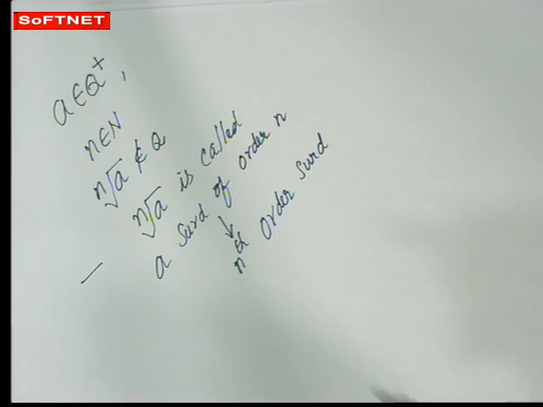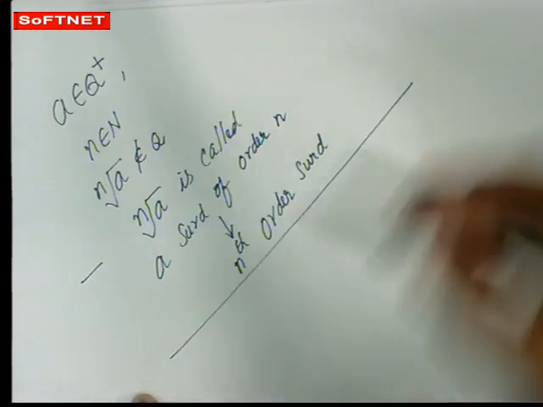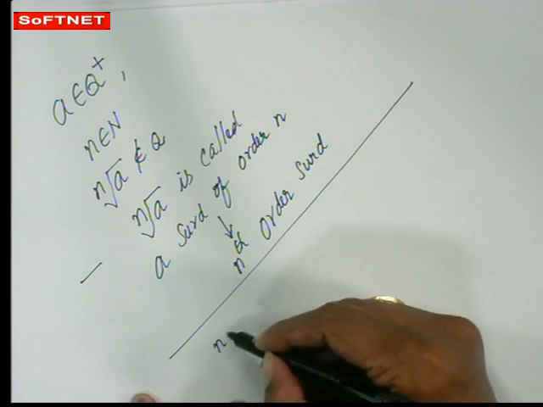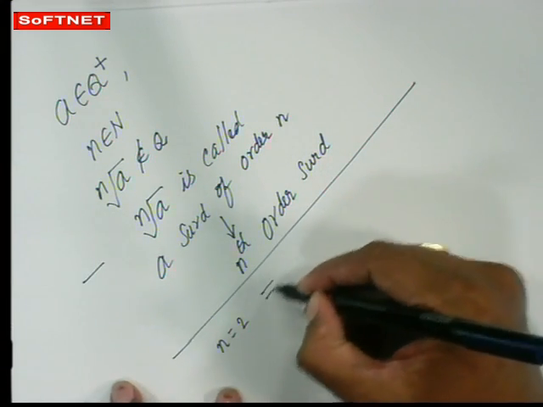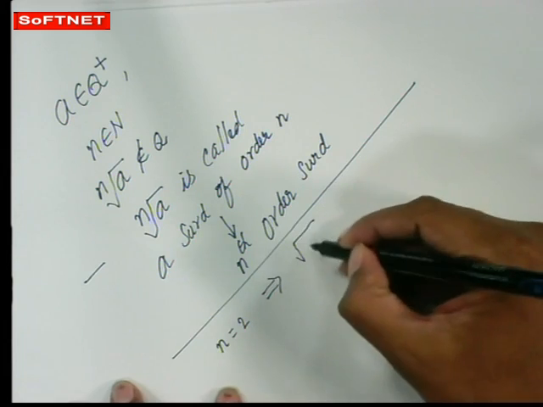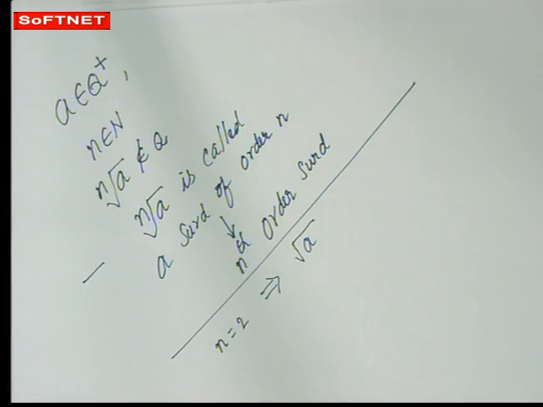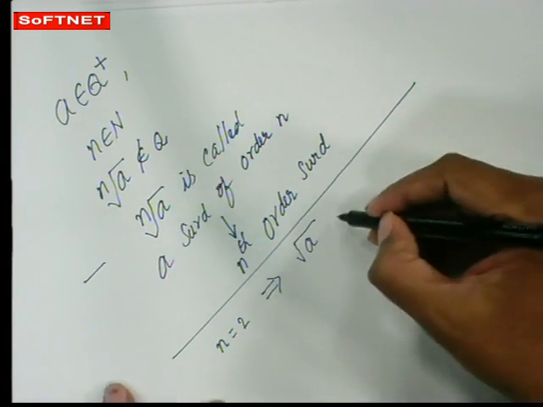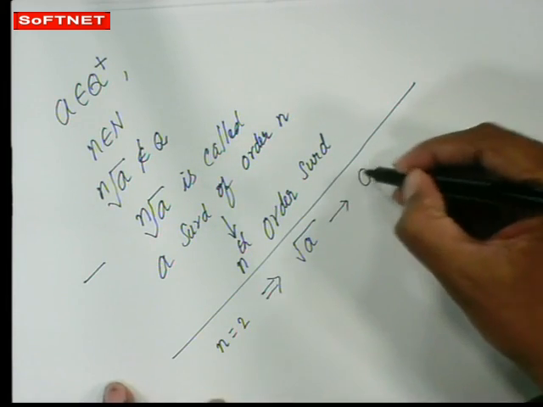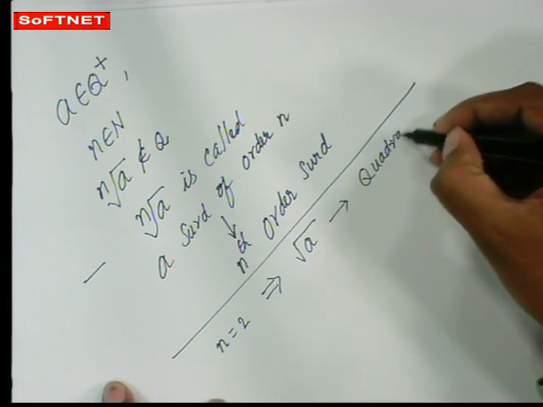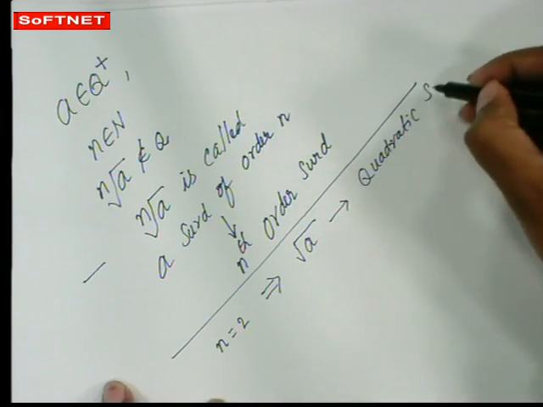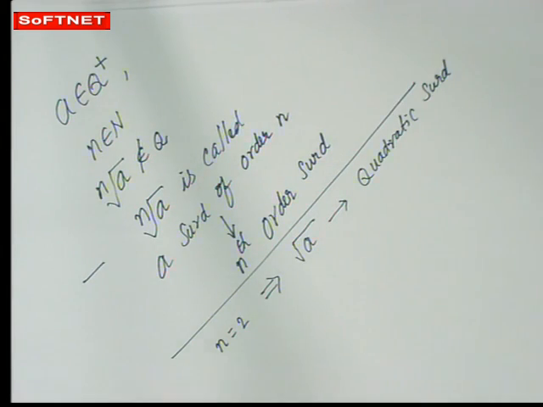Now suppose we put n is equal to 2, what do we get? That is nothing but root A. So this root A is called a quadratic surd.